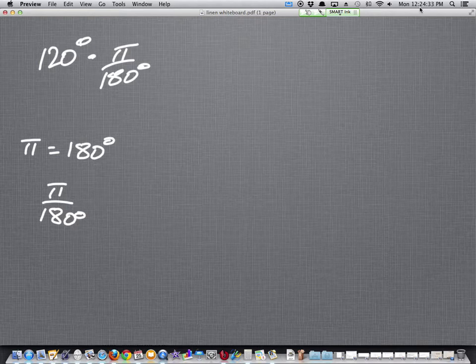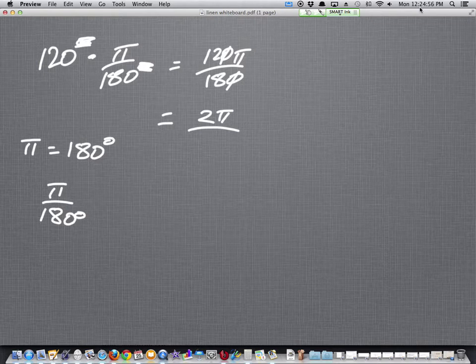I know I'm doing this right because the degrees units cancel out. When I multiply, that gives me 120 pi over 180. Now I want to reduce this. Obviously the zeros cancel, and what's something that goes into 12 and 18? 6, so that gives me 2 pi over 3.